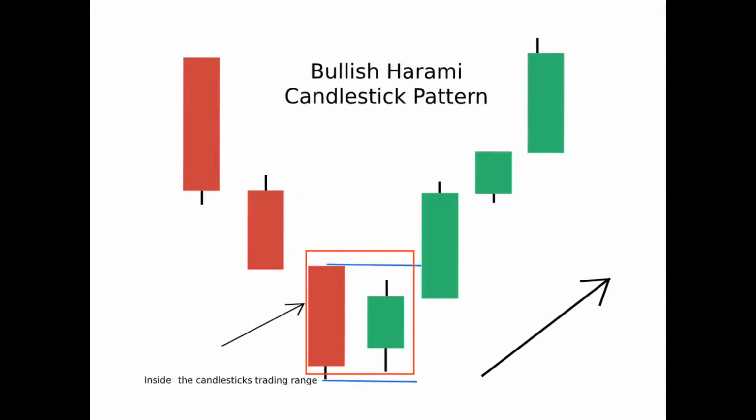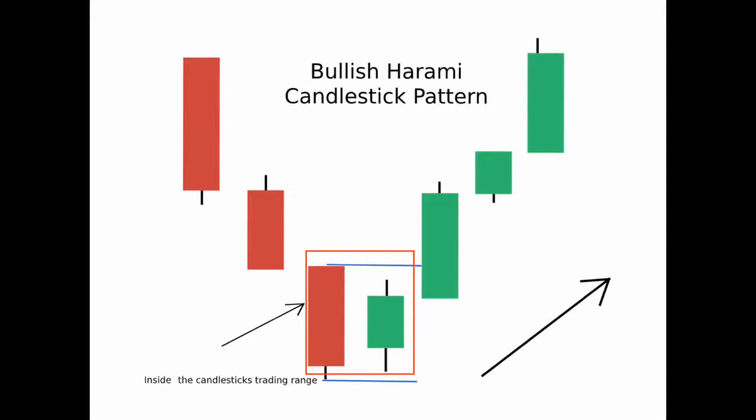So we have a mother candlestick, that's the bearish candlestick, the red candlestick, contained or conceiving a bullish candlestick, that's the green candlestick. So the first candlestick is the mother candlestick, and it is covering the bullish candlestick of the green candlestick.